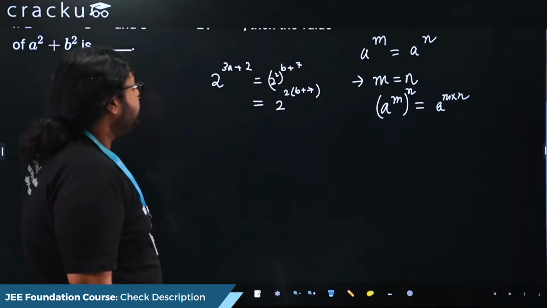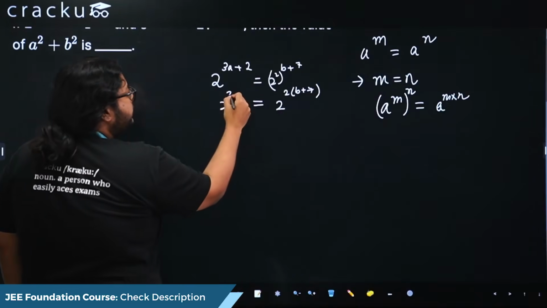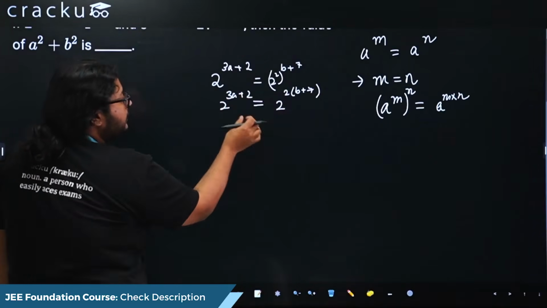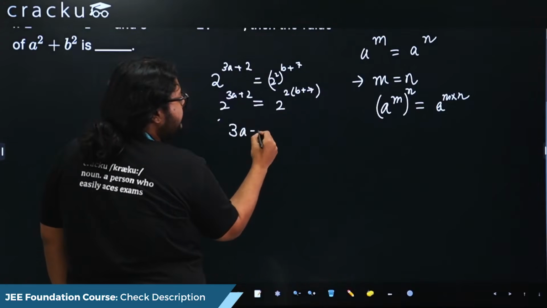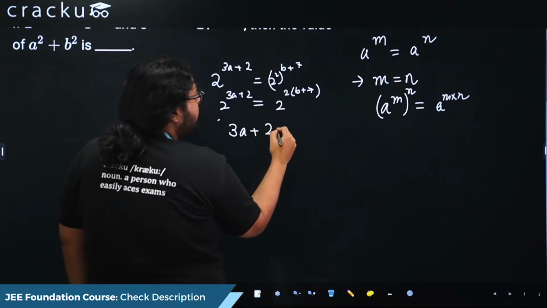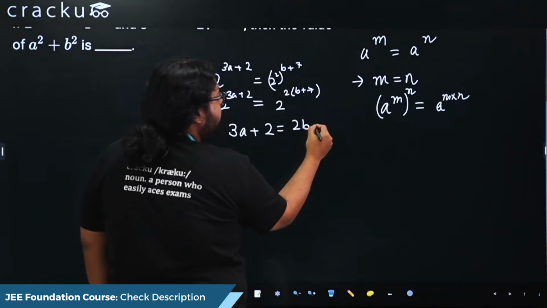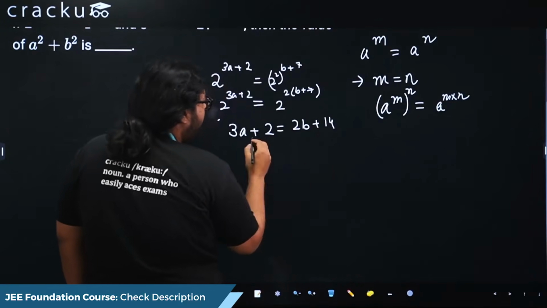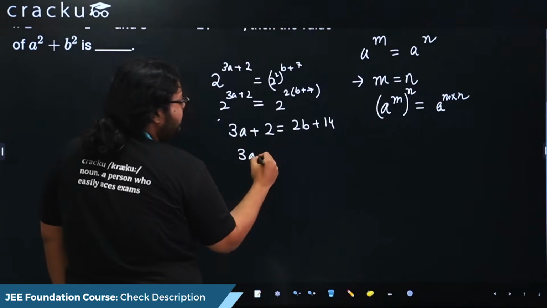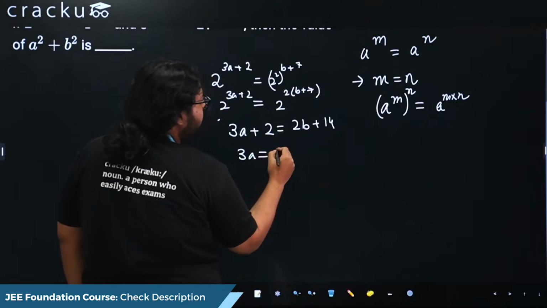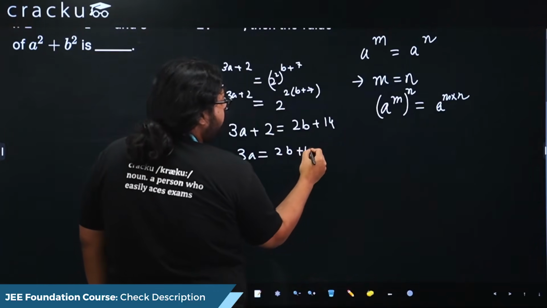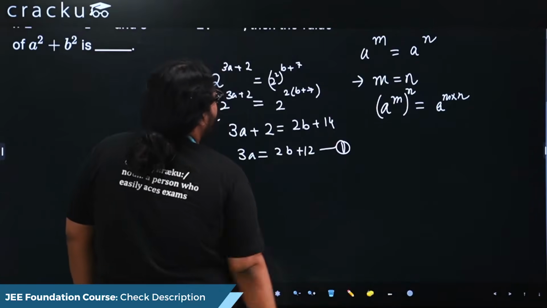Bases become the same, I equate the powers, so I get 3a plus 2 is equal to 2b plus 14, or 3a minus 2b is equal to 12, or just write 3a is equal to 2b plus 12. This is our one equation.